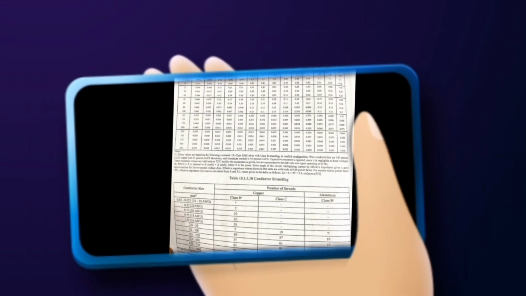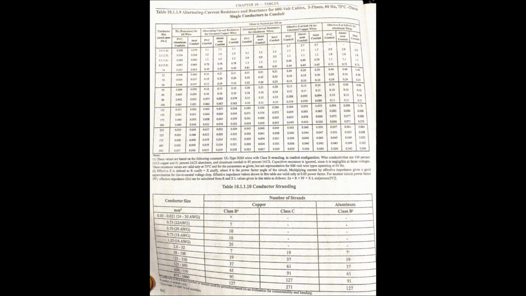Application: these values are essential for calculating voltage drop and for precisely determining the conduit fill area for certain conductor types. In slide 17, the table for AC resistance and reactance. This is a highly technical table used by engineers for calculating electrical performance, particularly in three-phase, 60 Hz systems.